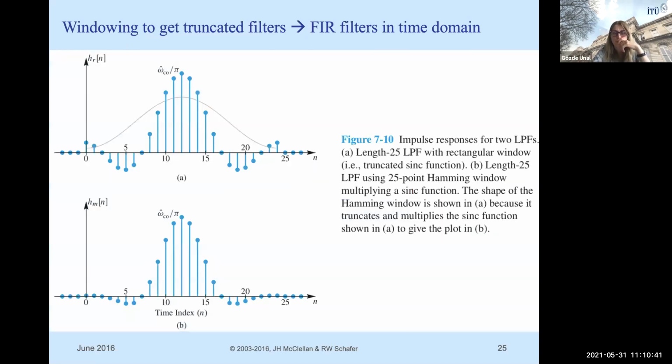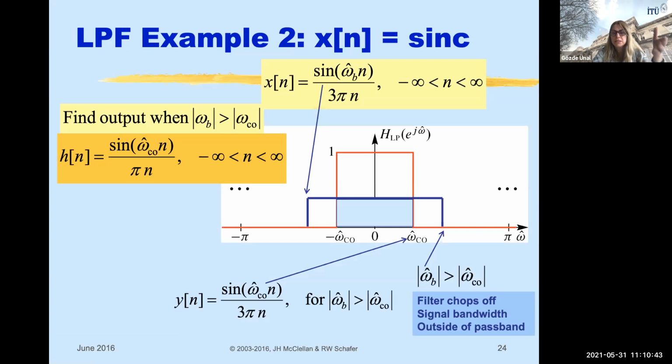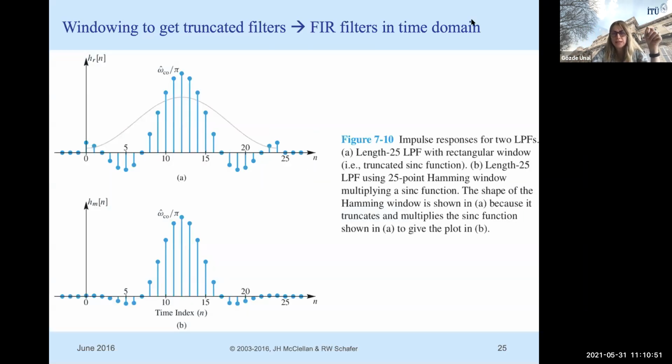Okay, I think these are some nice examples for filtering. Now I'll also talk about windowing. This is probably the last thing we want to talk about today. I mean, at least we have 5 minutes. Windowing to get truncated filters.